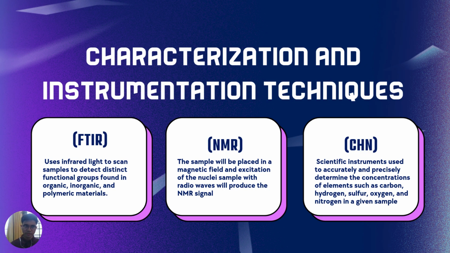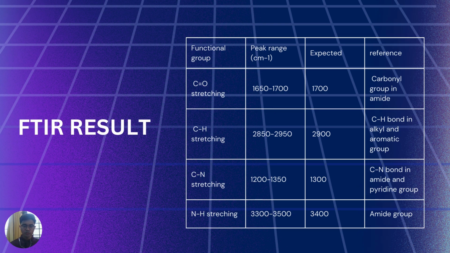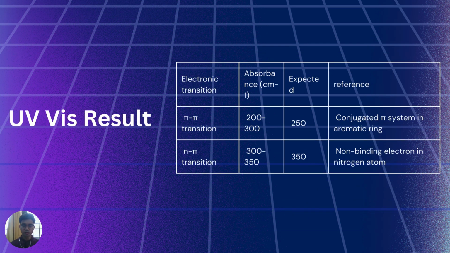There are three characterizations, which are FTIR, NMR, and CHN, as we can see right here. And these are the expected results. We are going to have three different results, which are FTIR, NMR, and UV-Vis.